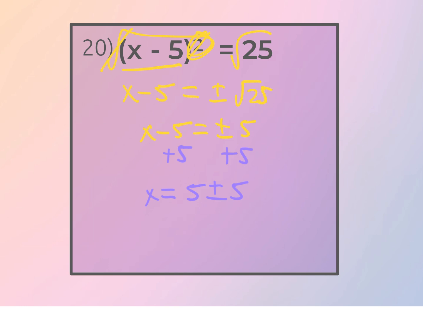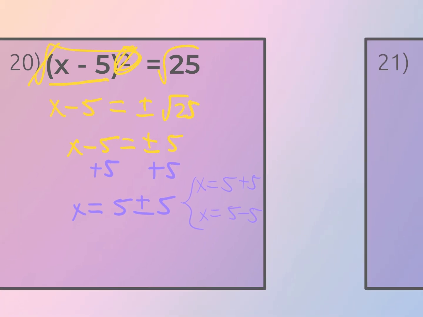Because 5 plus or minus 5, we actually can split up our two solutions, right? So then we get x equals 5 plus 5, and then x equals 5 minus 5, right? Can these simplify? Of course they can, right? We get 5 plus 5 is 10, 5 minus 5 is 0, right? So we get our two solutions right here. Nice whole numbers, right?